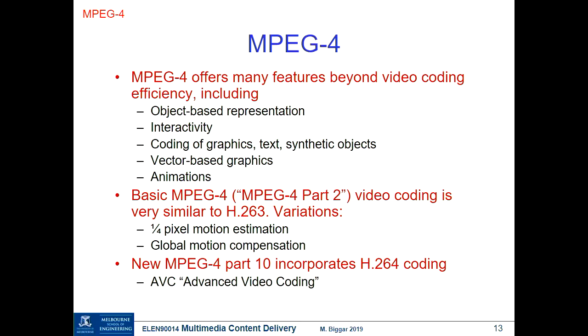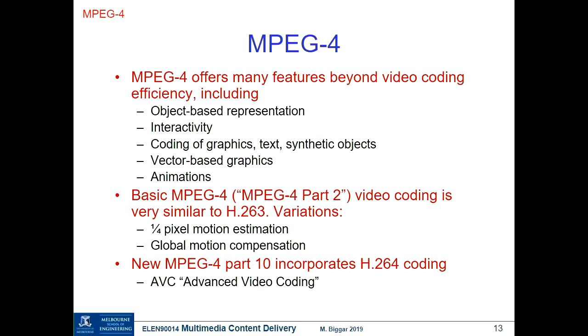So a couple of features in it worth noting are that the motion estimation went down to quarter pixel instead of half pixel, so the sub-pixel motion estimation was taken to that extra granularity.